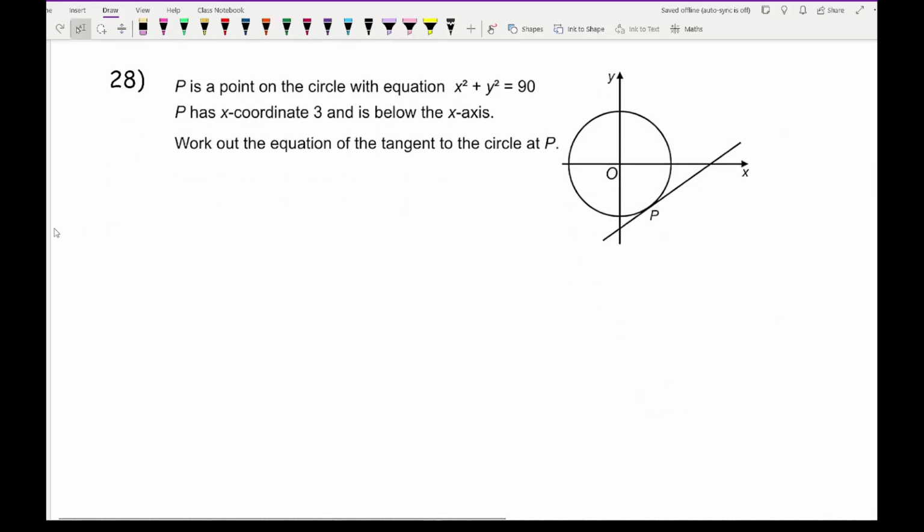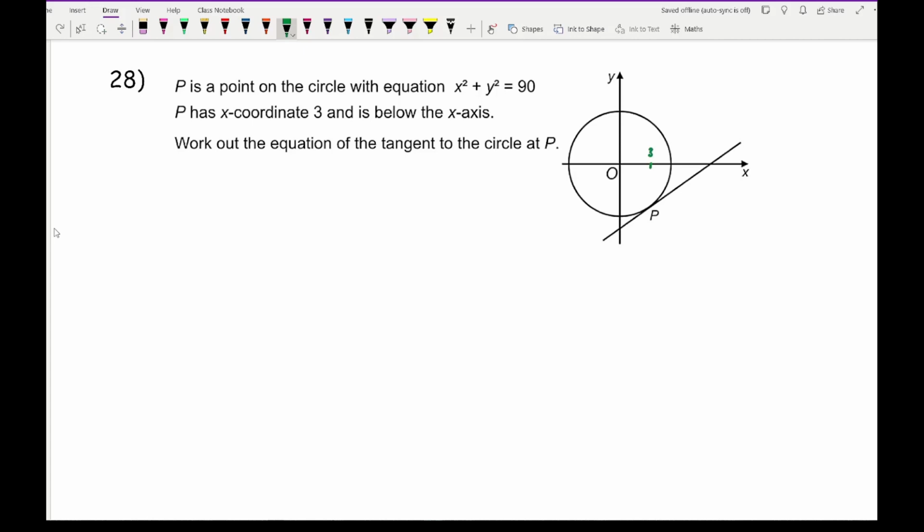And then finally, with the last question, it says P is a point on the circle with the equation x squared plus y squared equals 90. P has an x ordinate of 3 and is below the x-axis. Work out the equation of the tangent. So we know that this point here is 3.